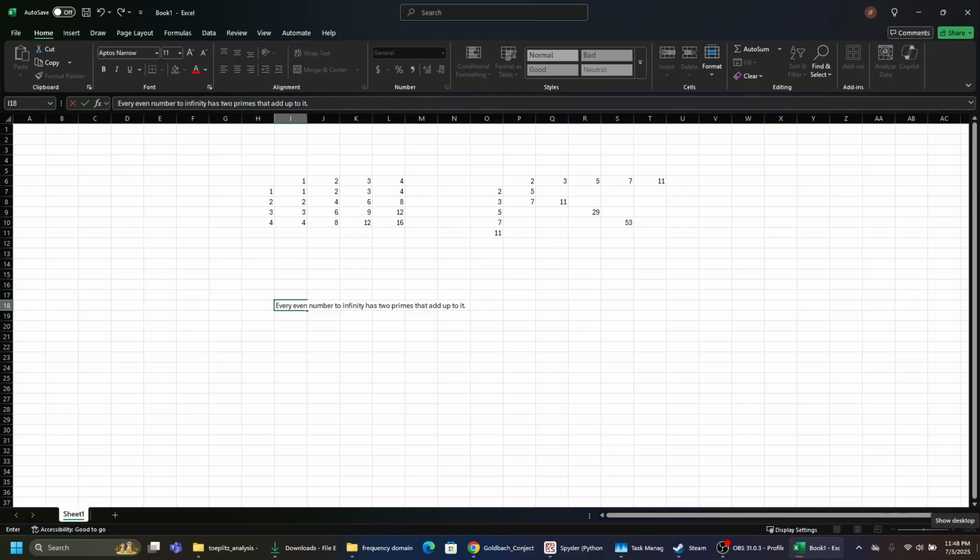For example, 2 plus 2 is 4. Those are two primes. 5 plus 7 is 12. That kind of stuff. To understand what I'm going to get into next, we're going to use some terms here. N equals even numbers for Goldbach, so this would be 2 to infinity.